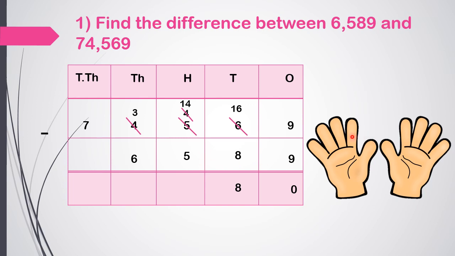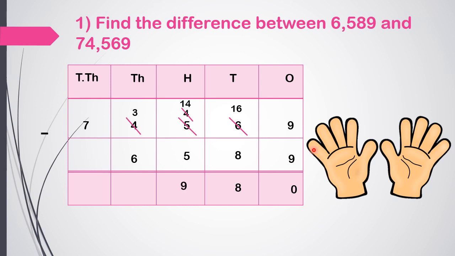After 5: 6, 7, 8, 9, 10, 11, 12, 13, 14. Here we used 9 fingers: 1, 2, 3, 4, 5, 6, 7, 8, 9. So the answer is 9.